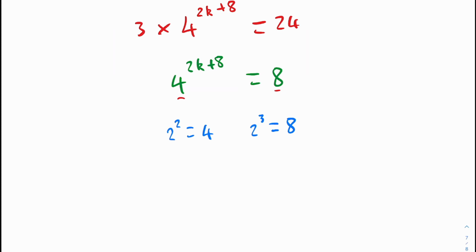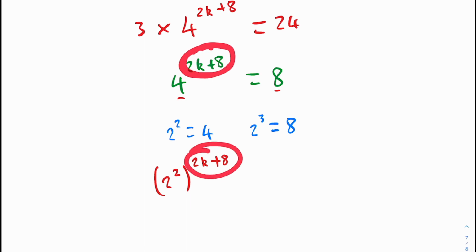So this becomes 2 squared on the left hand side, and then the entire thing is being raised to the power of 2k plus 8. So what we've done is we've replaced this 4 by 2 squared, and then the 2k plus 8 being raised to it, and we've done the exact same here. Okay, so we need to make this equal to our right hand side, which is just 2 cubed.